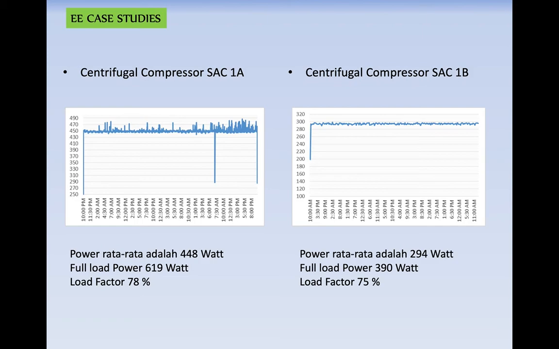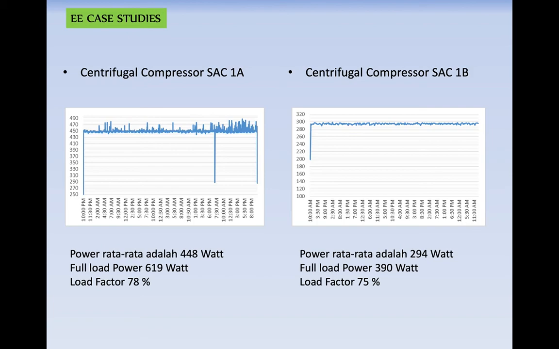So we calculate that the load factor of this compressor is about 78%. In the other compressor, centrifugal compressor SEG1B, the average power consumption is around 294 kilowatt.